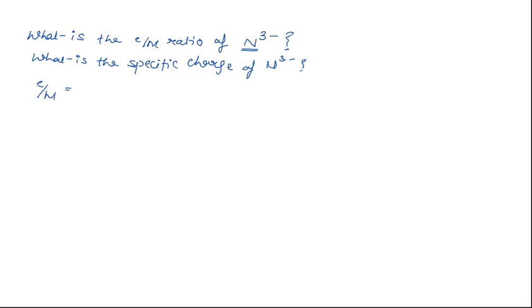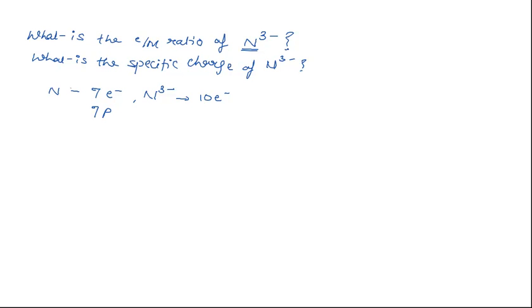Now this E by M is equal to... how many electrons are there in nitrogen? We need to calculate it first. The nitrogen atom has 7 electrons. N3 minus will have how many electrons? It will have 10 electrons.